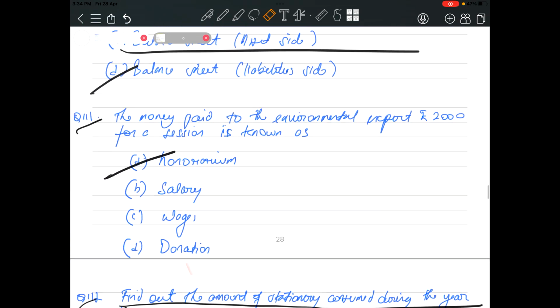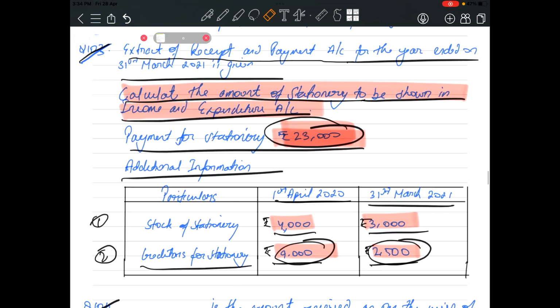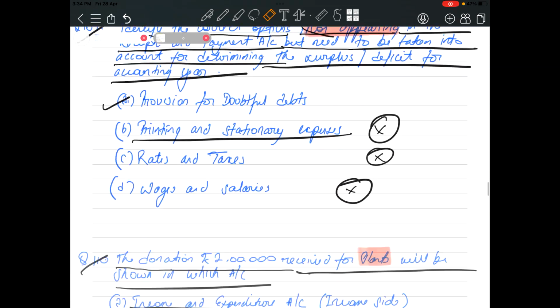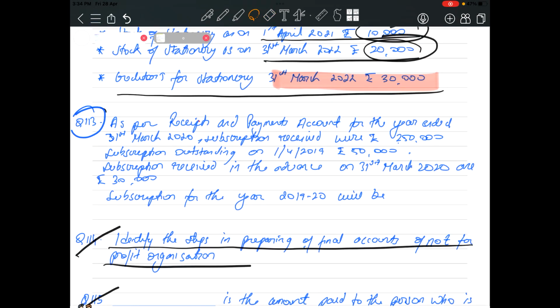We are left with 2 questions, 113 and 117. Both are important. We cannot skip a single question. We will solve these 2 questions and then move forward with the next unit.